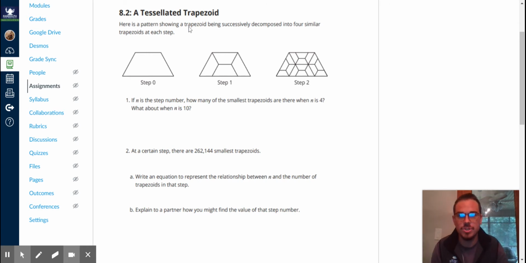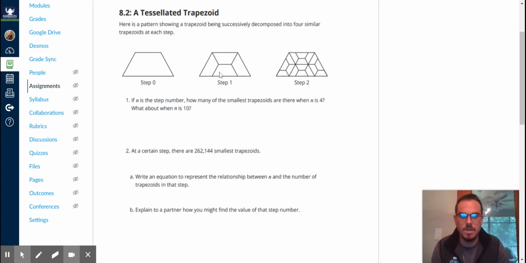So here's a pattern showing a trapezoid being successively decomposed into four similar trapezoids at each step. So basically, we're taking, say, step 0, you've got one trapezoid. You look at step 1 after we've decomposed it, essentially breaking it up into more trapezoids for every single step.